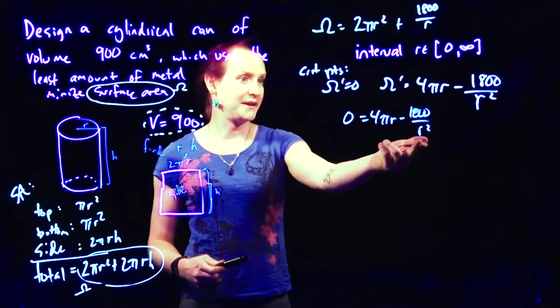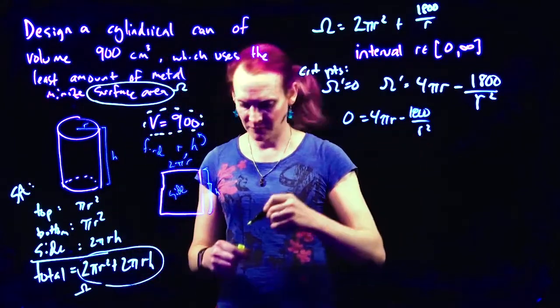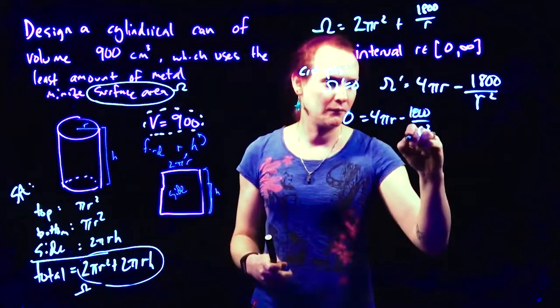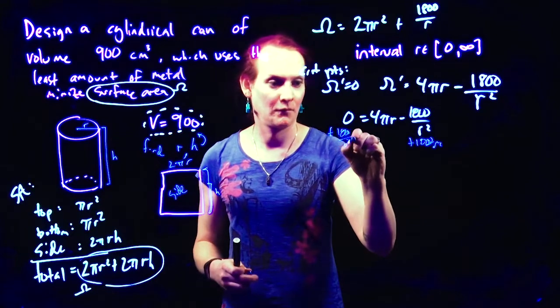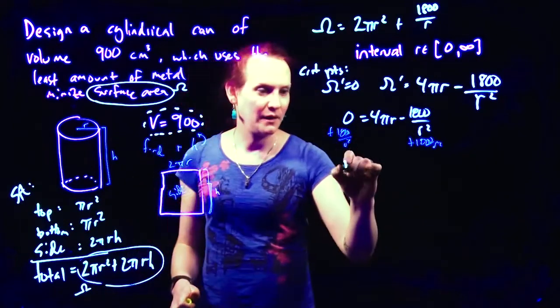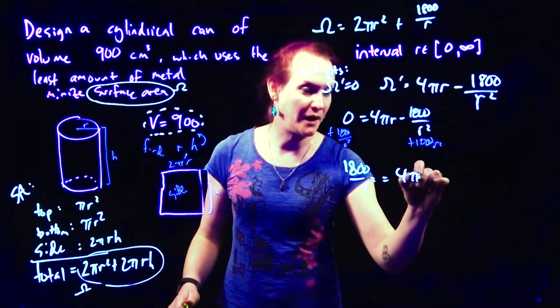So let's add 1800 over r squared to both sides, and I'll have 1800 over r squared is equal to 4 pi r.